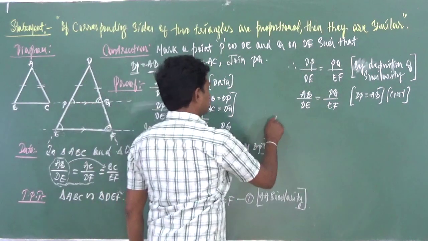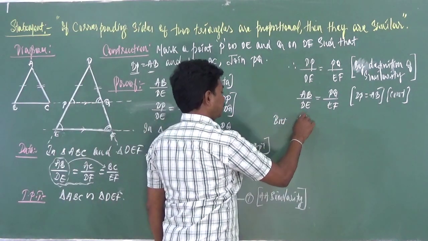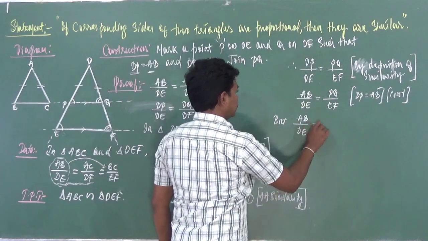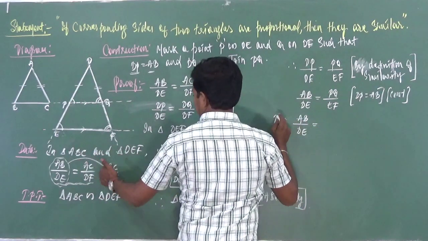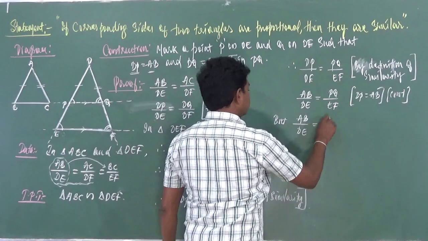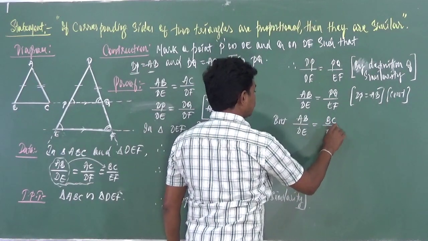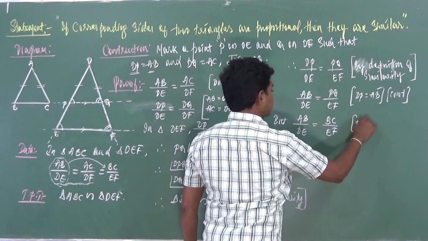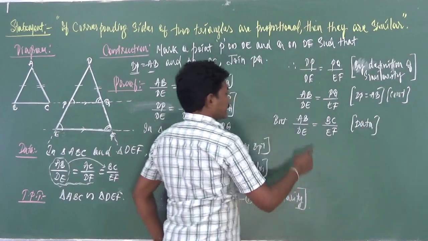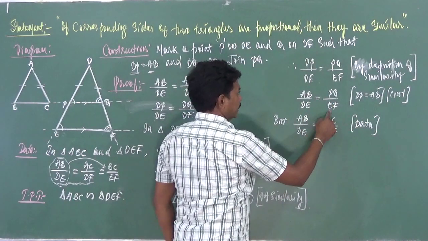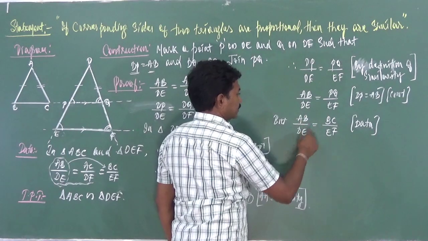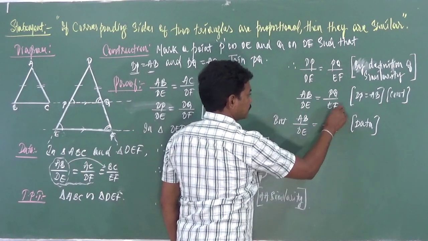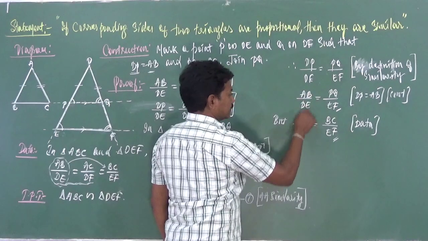AB by DE is already equal to BC by EF. That's according to the data. So now AB by DE is equal to PQ by EF, and AB by DE is also equal to BC by EF. That means these two things are equal to the same thing.